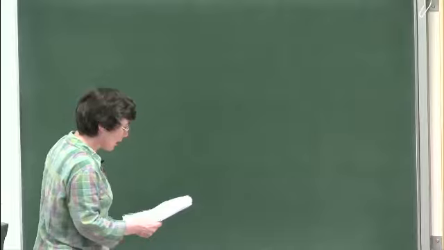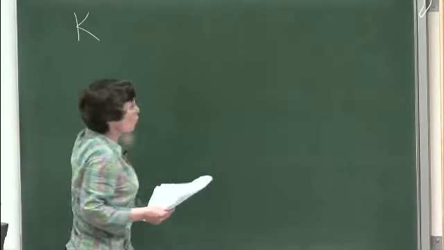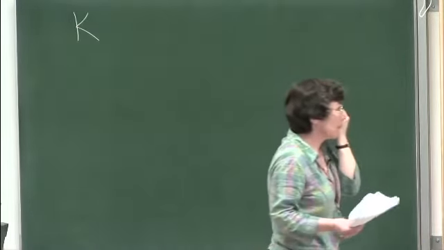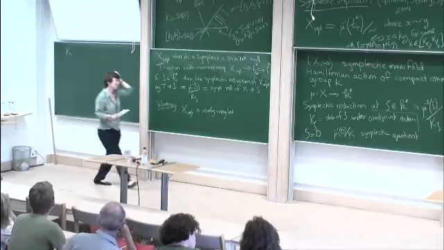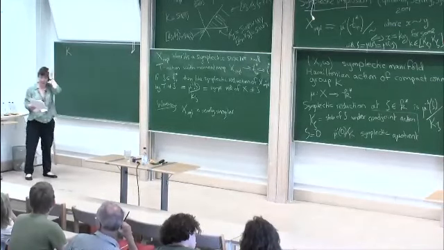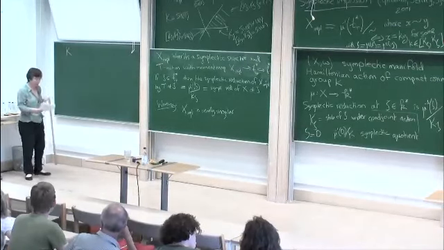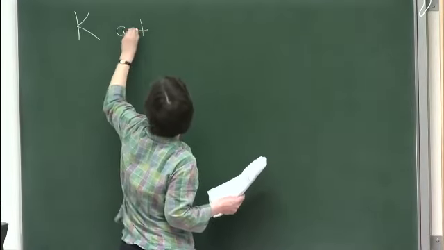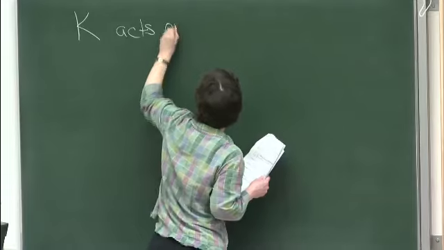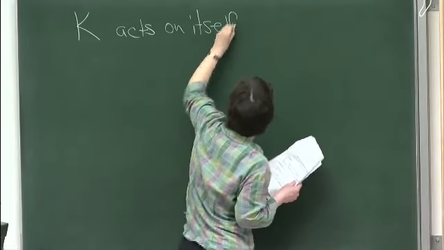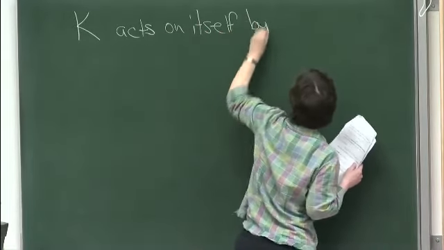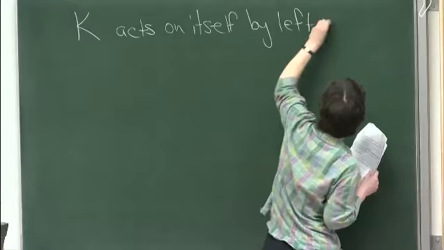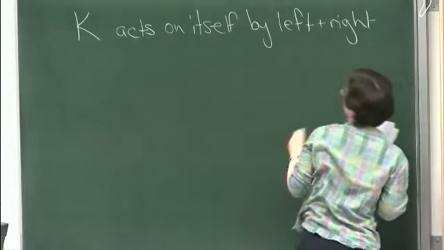Yes. So one of the nice ways to try and understand the symplectic implosion is via what's called the universal symplectic implosion. So K acts on itself by left and right translation, of course.